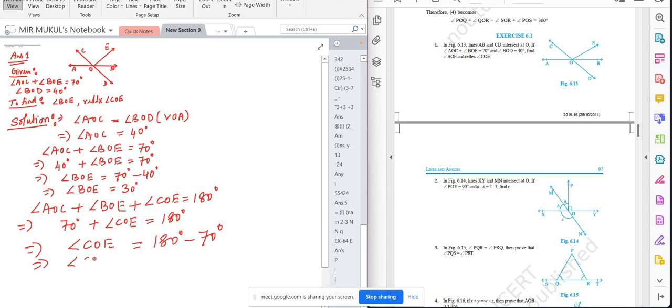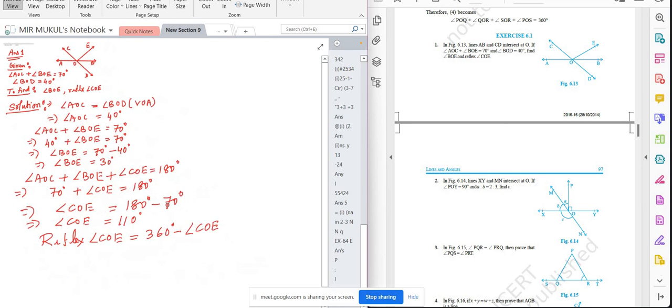So angle COE equals 110 degree. So reflex angle COE we have to find. Reflex angle COE will be 360 degree minus angle COE, right?